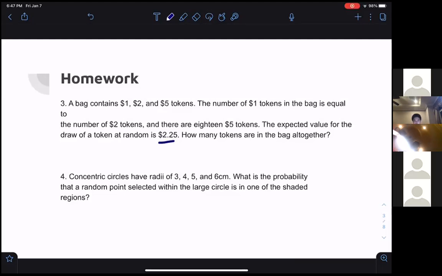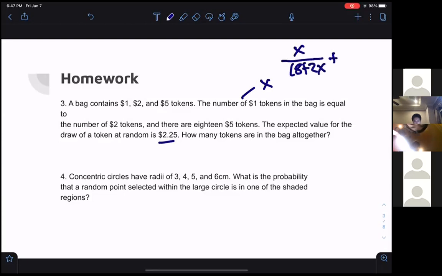Okay, so if there are X $1 tokens, then the expected value, if we remember what that is, is the probability of getting it times the thing itself. So for $1 tokens, that would be X over 18 plus 2X.